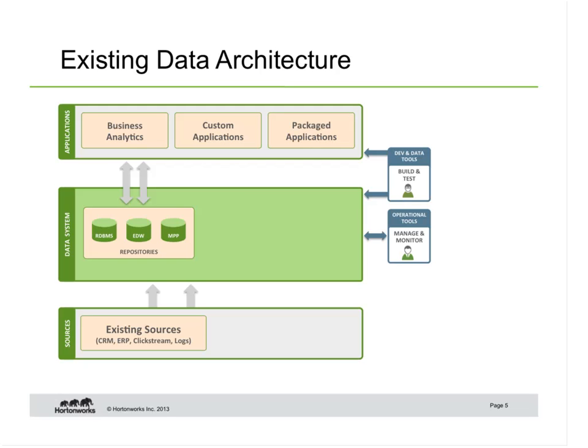You have existing sources, taking them and putting them into a relational database system to consolidate and provide analytics and reporting needs from it. So your data system layer would be any kind of relational database, an EDW, a variety of MPP databases, OLTP databases, and those databases then power different analytical and reporting applications on top of it.